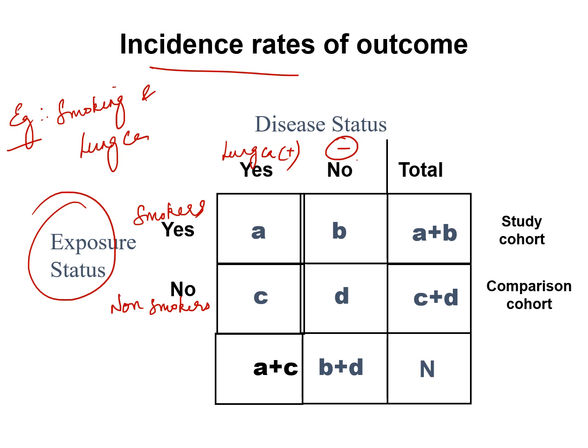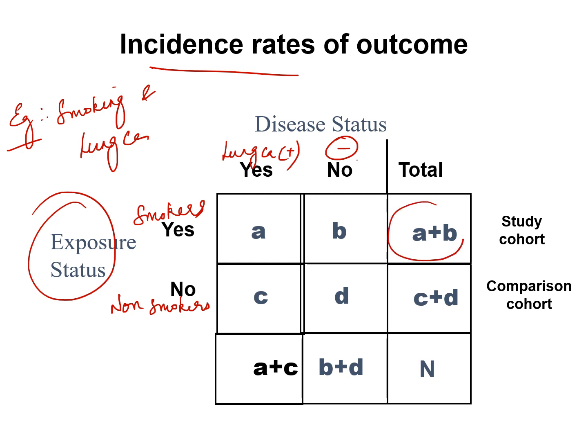Now what is A? A is the diseased individuals among the exposed group, and B is the non-diseased individuals among the exposed group. C is diseased individuals among the non-exposed group, and D is non-diseased individuals among the non-exposed group.